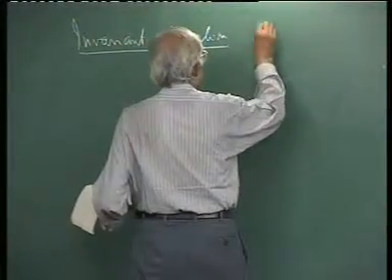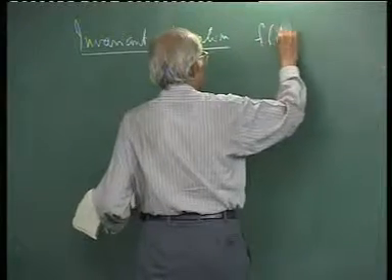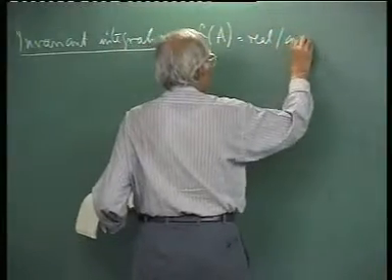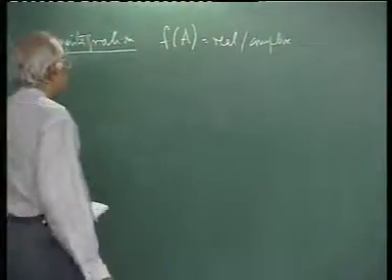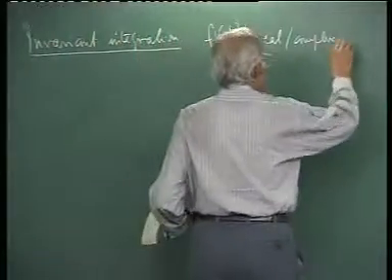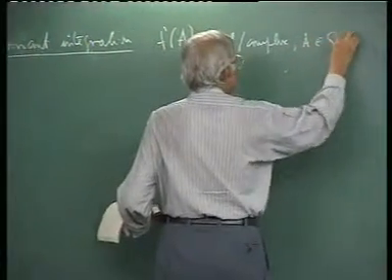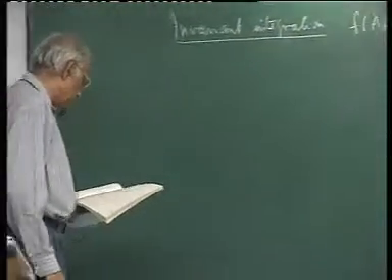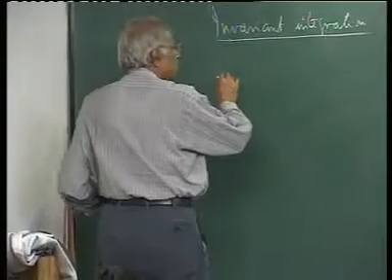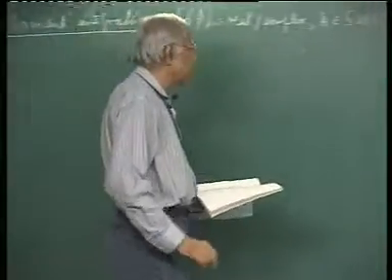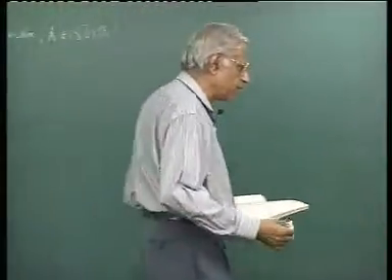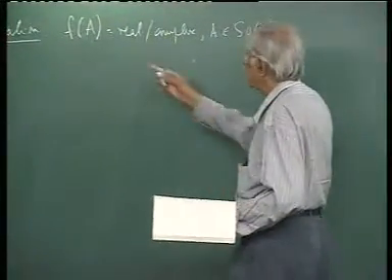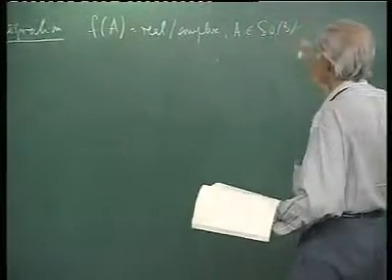So a function on the group SO3, which may be real or complex, will be written as f with argument capital A, where A is a variable group element. So we want to define a normalized, non-negative average of such a function over the group.